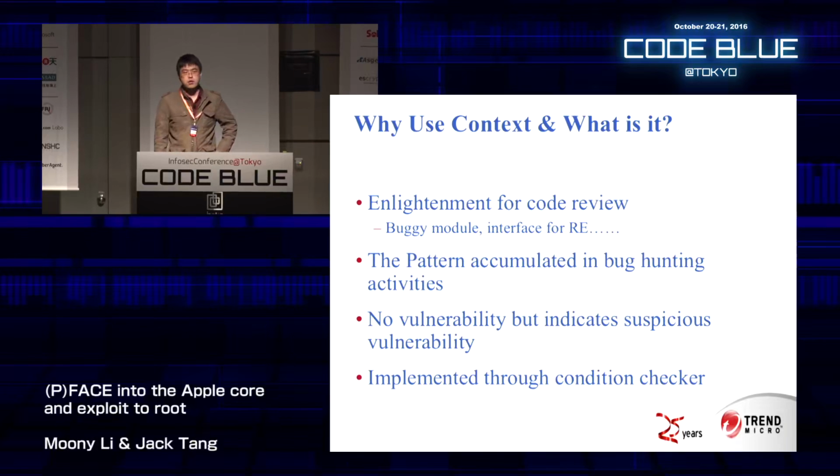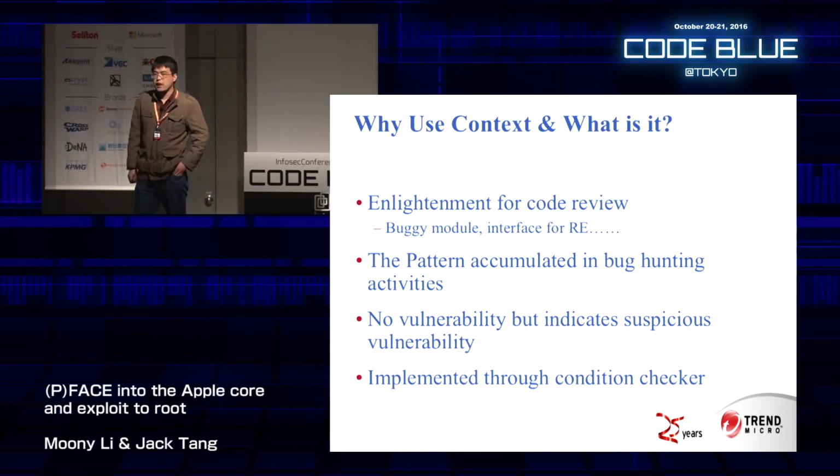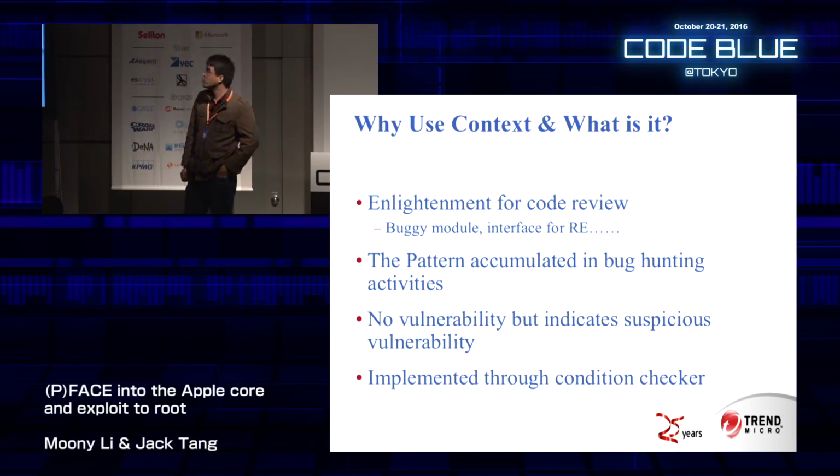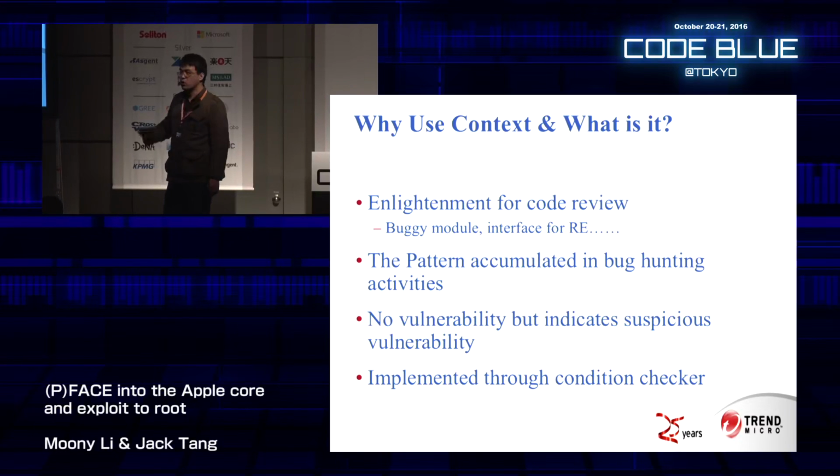Another point is about context, as I have mentioned before. So what is context, and why do we introduce context? Actually, context means the patterns accumulated during our fuzzing activities. So it could give much enlightenment to the researcher for code reviewing.